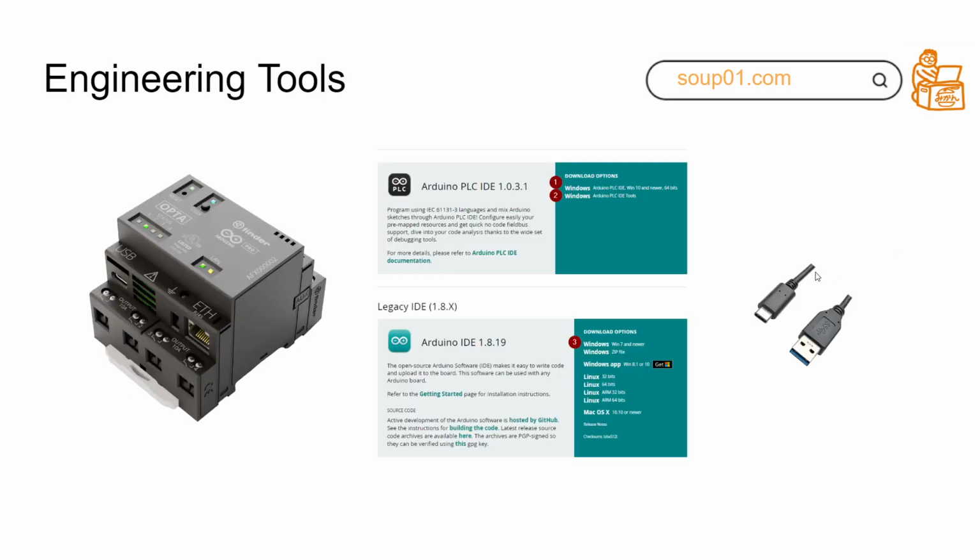Okay, so before I start my Arduino PLC IDE tutorial, I would like you to download this software. I will paste a link in the video description, so please click on this link and download all these free software. The first one is the Arduino PLC IDE, the second one is the PLC IDE tools, and the third one is the Arduino IDE software.